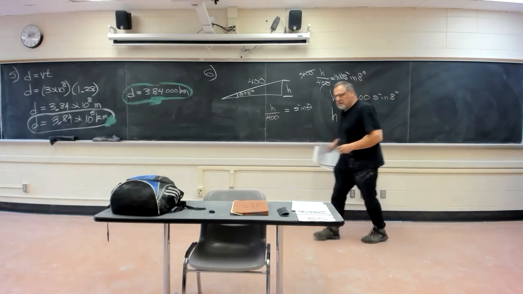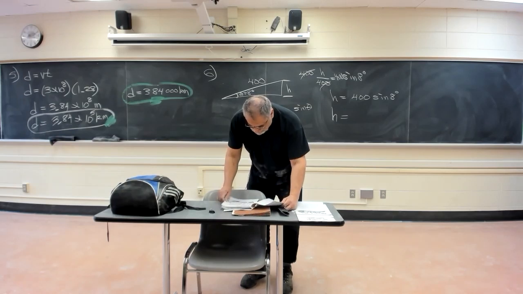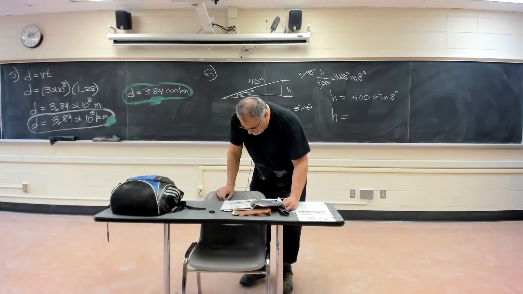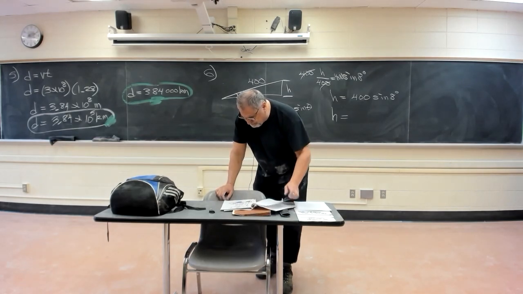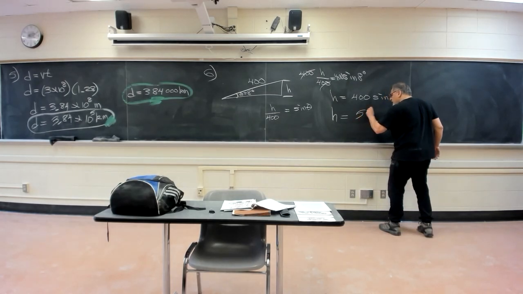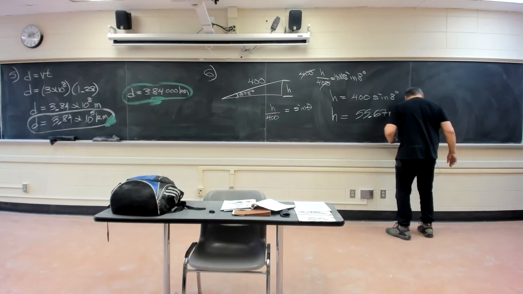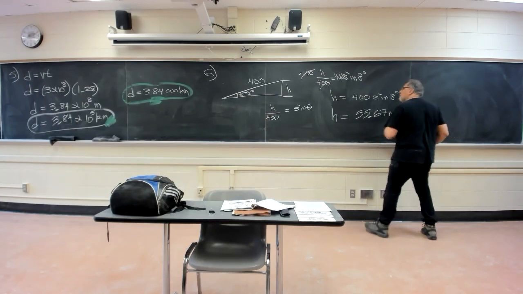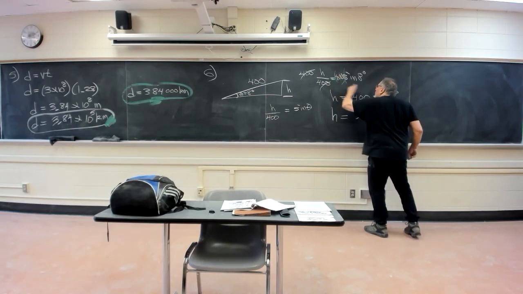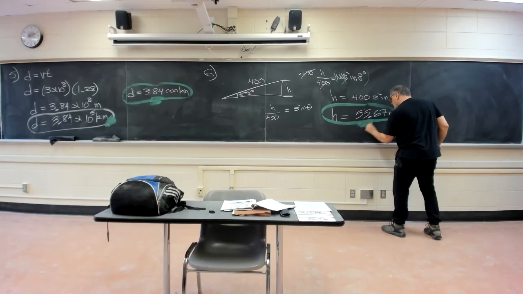Right here, they're going to give you the altitude. At the end of the day, you play the game here, guys. H comes out to 55.67 meters. That's the climb, altitude-wise. Again, the 400 is right here. The sine of 8 degrees is right there. And here we go.